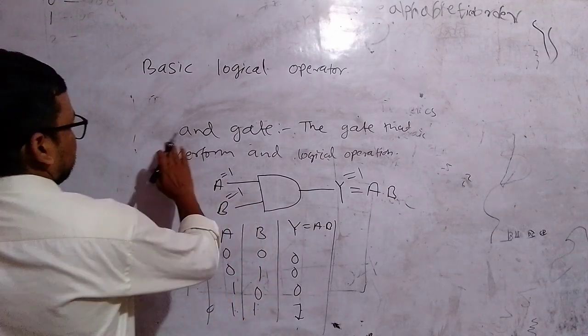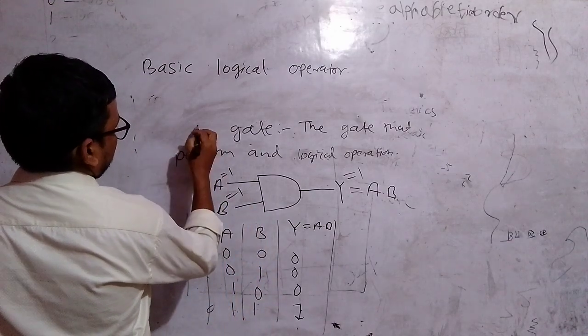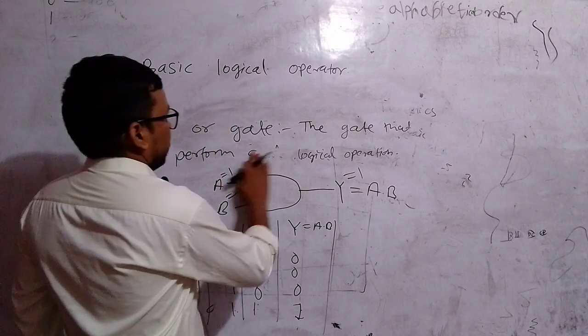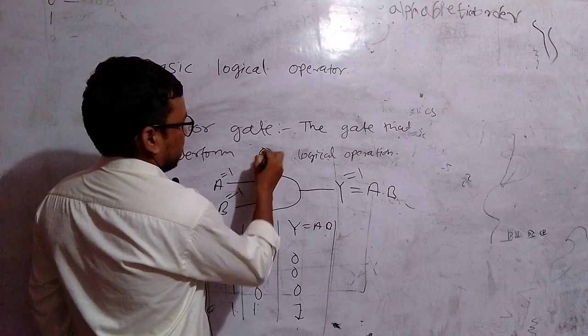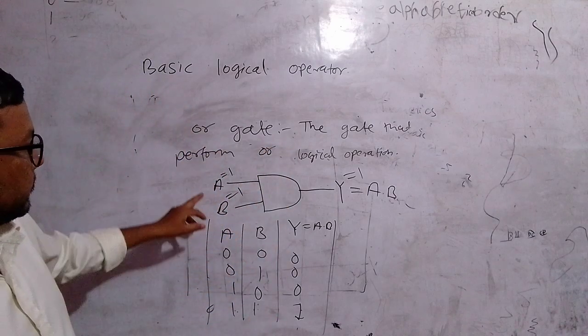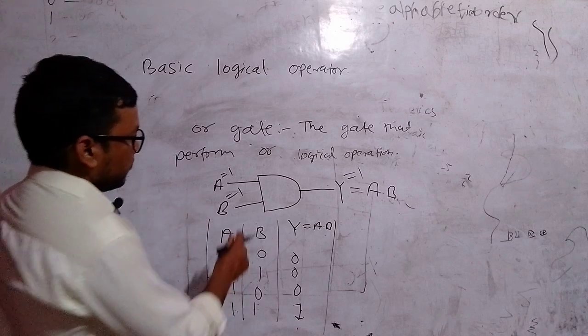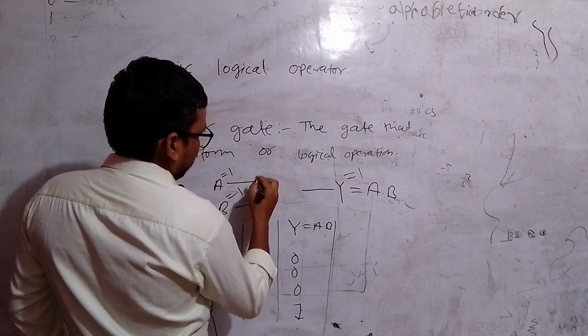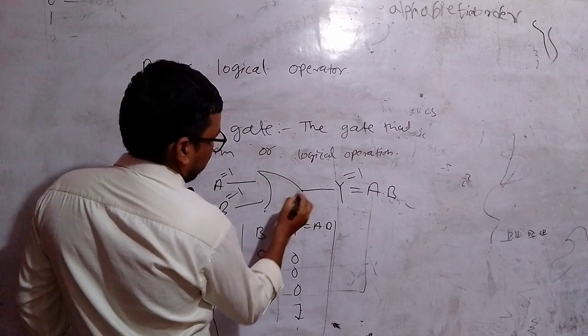Now, the OR gate. What is the OR gate? The gate that performs the OR logical operation is called the OR gate. What would be the symbol for the OR gate? We write it in this way.